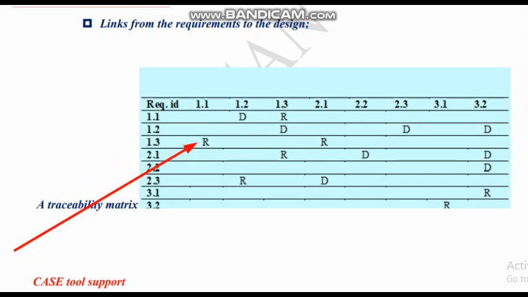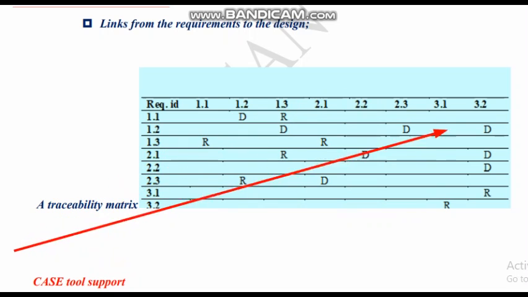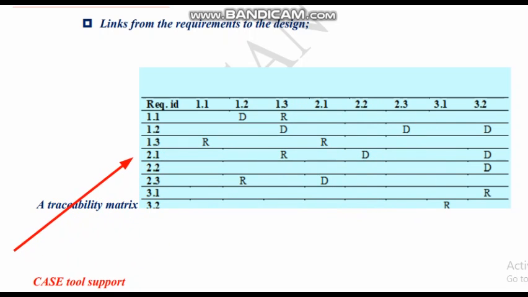So this requirement 1.1 is linked to requirement number 1.3. Similarly, 1.1 and 1.3 requirements are linked. Are we getting that? 1.2, 1.3 design is linked. So in this way, this kind of matrix is developed, depending upon which you will come to know how the requirements are interrelated.